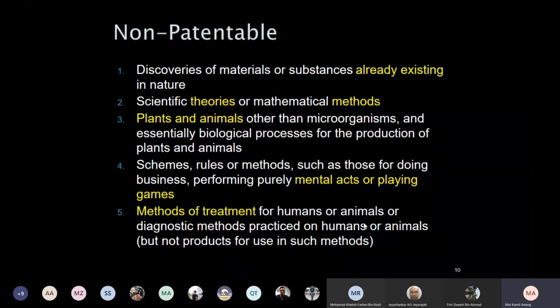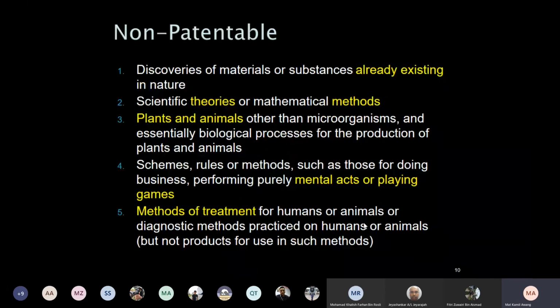Basmati is in nature, but in the US, they allow you to patent basmati rice. Even tongkat Ali and kacip Fatimah are herbs available in our forests, but through the US patent office, they are able to patent those kinds of findings.